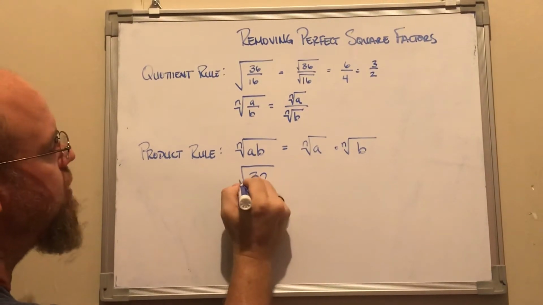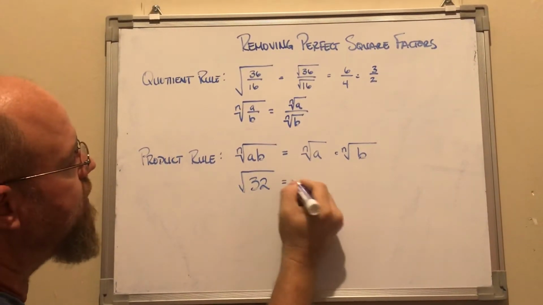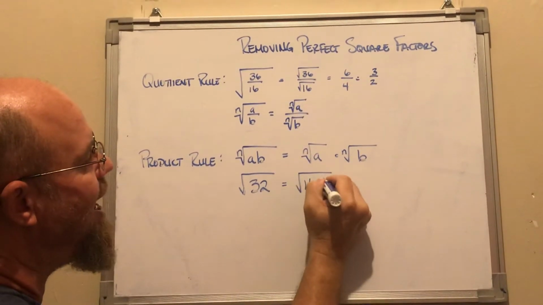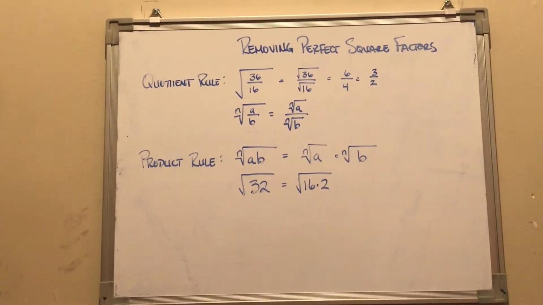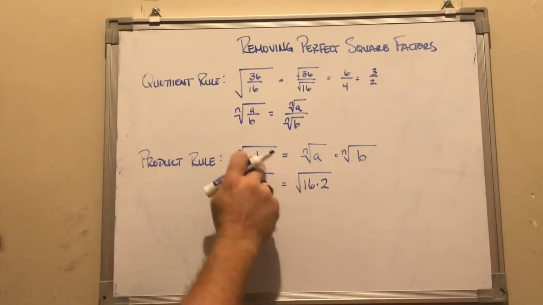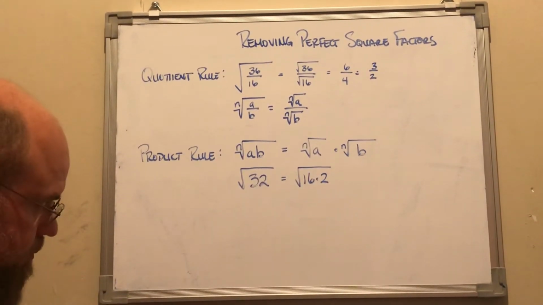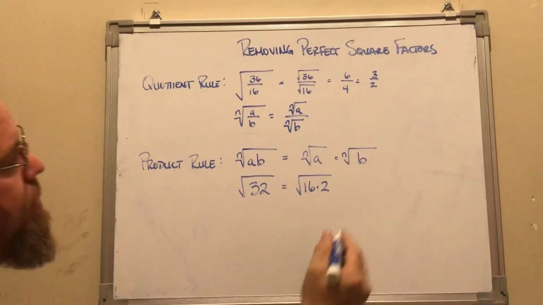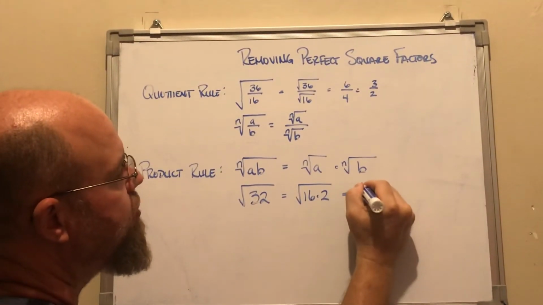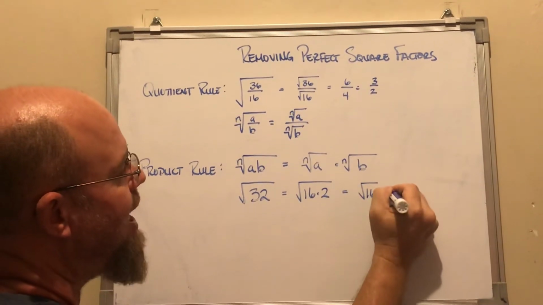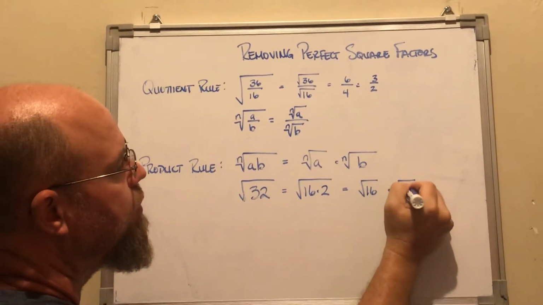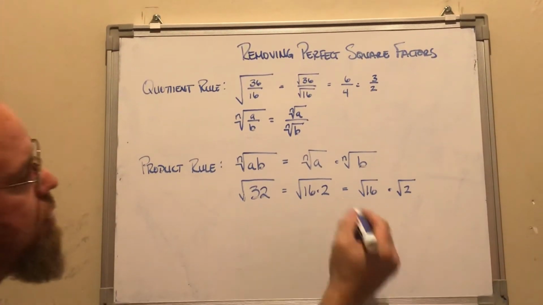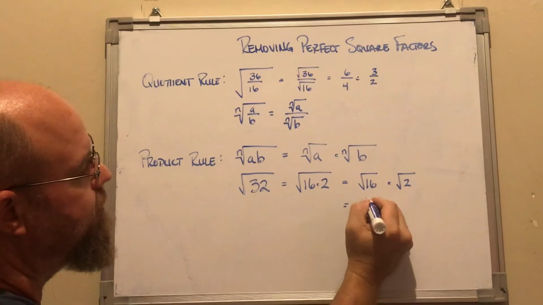Well, the square root of 32 is also equal to the square root of 16 times 2. Right? A would be 16, B is 2. So then with the product rule, it says I can split those up. So that would equal the square root of 16 times the square root of 2, right? And the square root of 16 is 4.